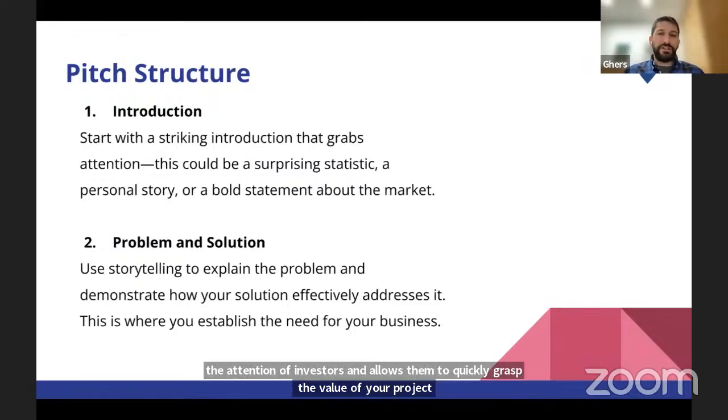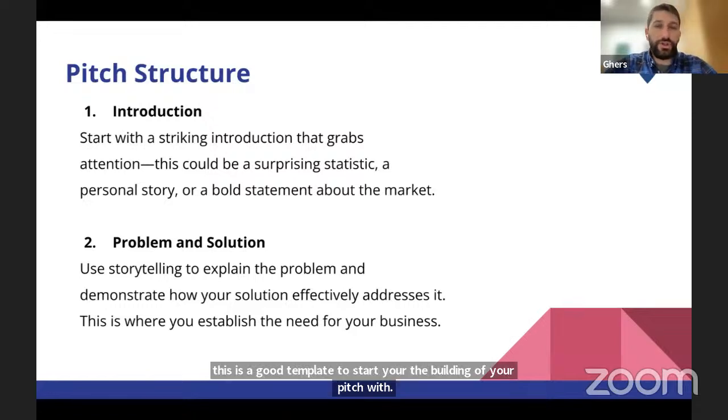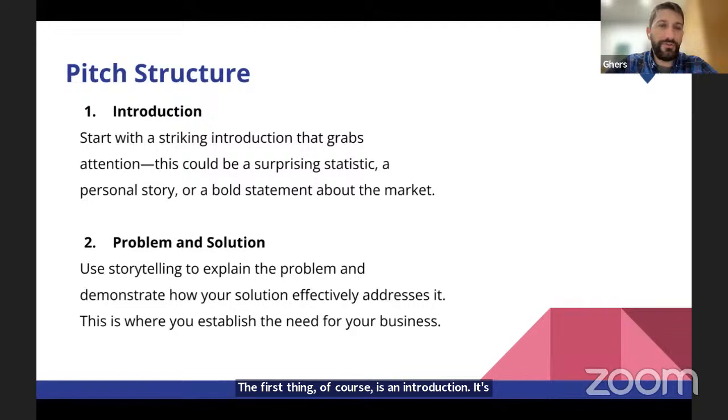So we suggest to structure it in this way. Of course, different projects may require different adaptations of this structure, but we think this is a good template to start the building of your pitch with. The first thing, of course, is an introduction, something that grabs the attention of the listener.